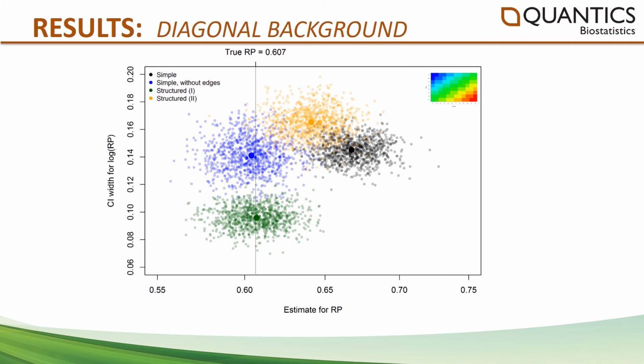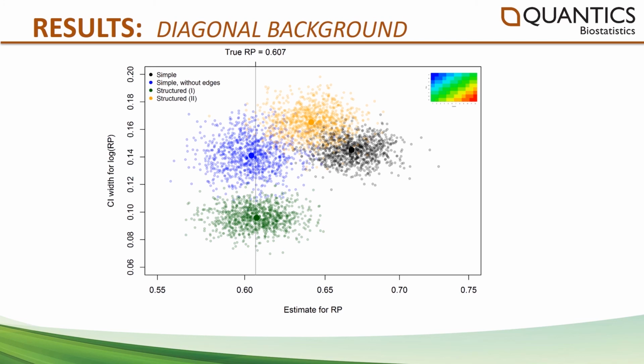In this particular situation, and I think this is really a chance lucky situation with this particular background, the simple design excluding the edges does seem to have got rid of most of the bias, but it's still quite a variable result. The structured one design is unbiased and is nice and low down on the variability stakes. The yellow structured design has really not helped all that much at all. It's still pretty biased and it's still pretty variable.